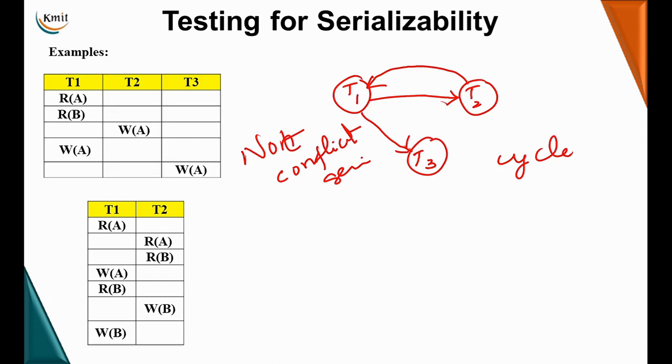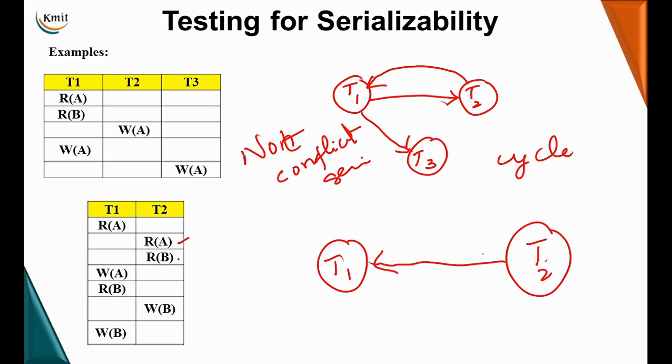Okay. Similarly, let us try to see another example, T1 and T2. When I say read and read operation, there is no conflict. Read and read, so nothing here. Read on A, and all these are either reads or on a different object, so no conflict. Look at the second one, read of A. There is write of A here. So T2 to T1, I draw an edge.